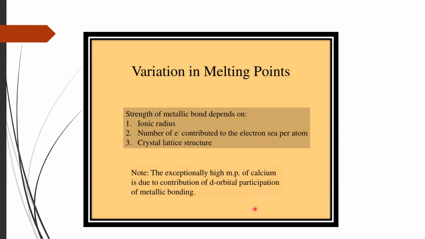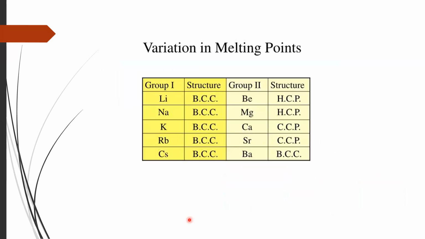I hope this is clear. So this is the variation in melting point due to lattice structure. Lattice structure is a proper arrangement of atoms which gives proper bonding. As you can see, we also have a proper structure of the water molecule.